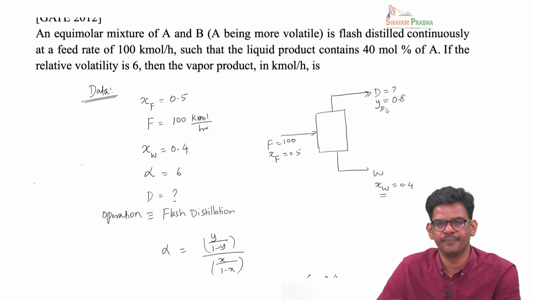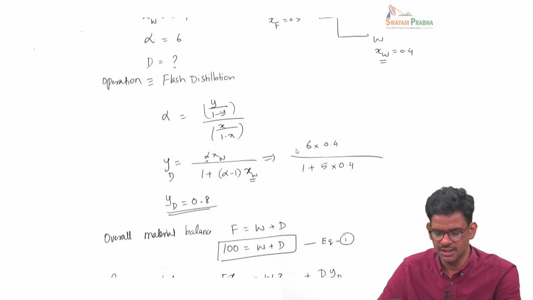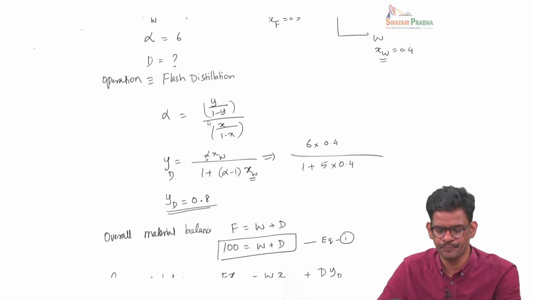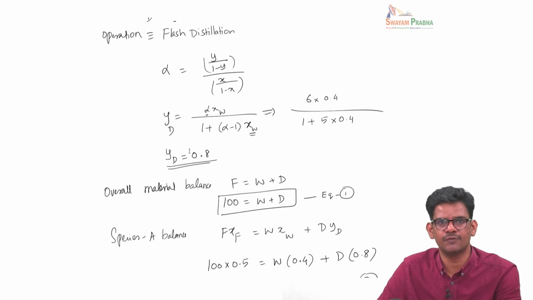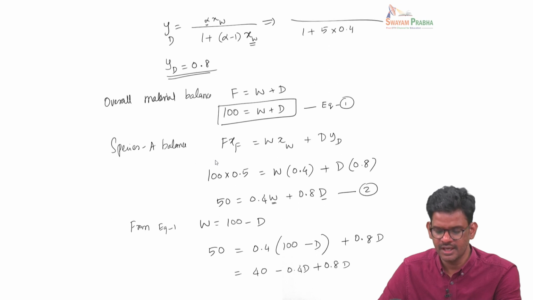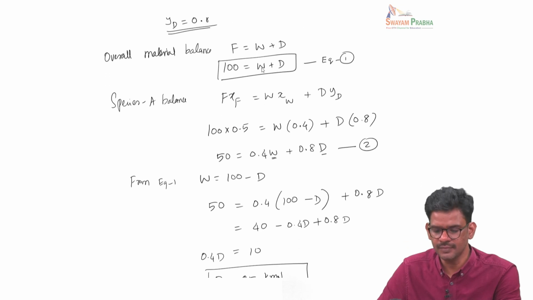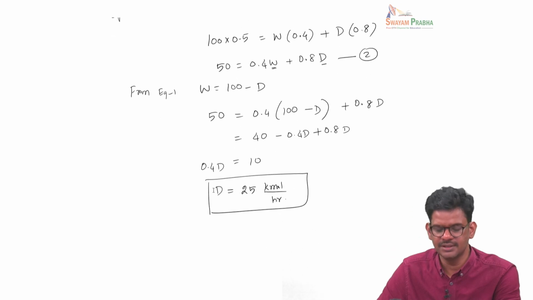That is the important concept in flash distillation, and we use the relative volatility, which is constant, to relate the vapor phase composition Y and the liquid phase composition XW, and based on that we obtain the composition of the vapor as 0.8. Then using an overall material balance and the species material balance, we have 2 equations and 2 unknowns, and from here we can eliminate W and get the distillate, the product, as 25 kilomole per hour.